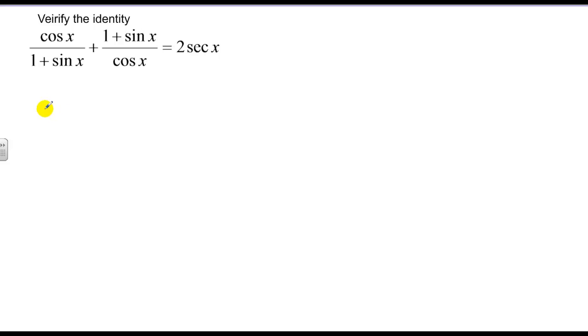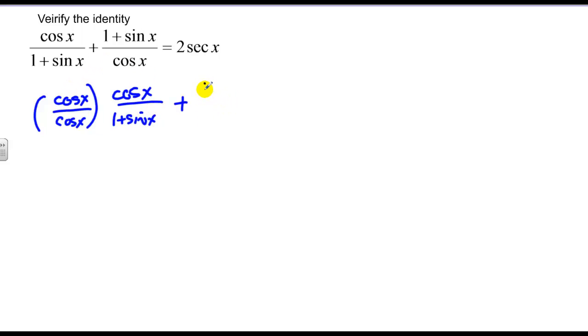denominator. So basically what I'm going to do is I'm going to say, all right, well, this term needs a cosine, so that's cosine over cosine. And that is tacked on to the first fraction. And then the second term needs a 1 plus sine.